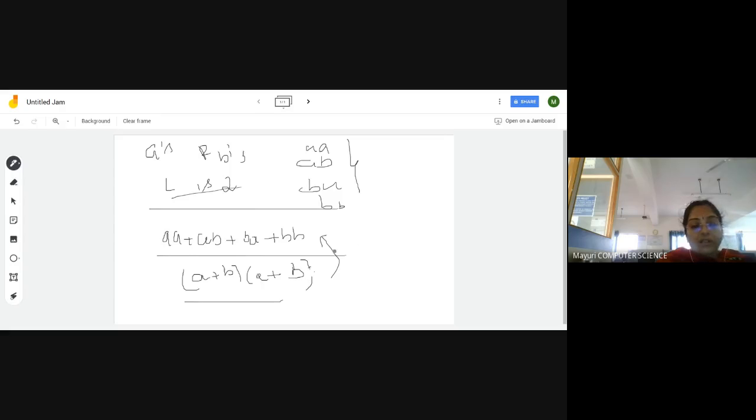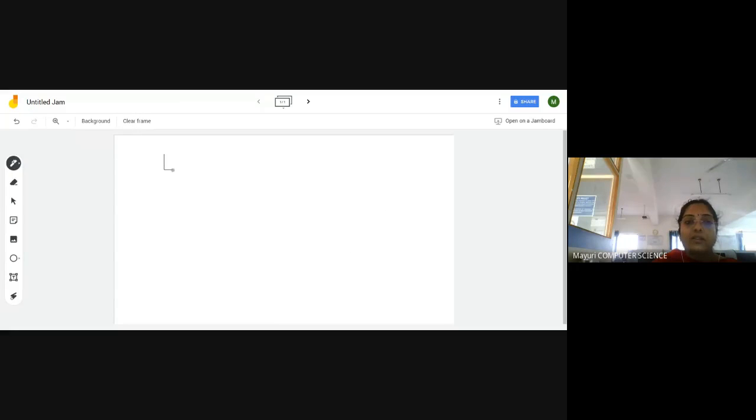So how could you write the strings of A's and B's of length less than or equal to 2? Till 2 you have to write, so it will include length 0, length 1, and length 2. Length 0 is epsilon, right?